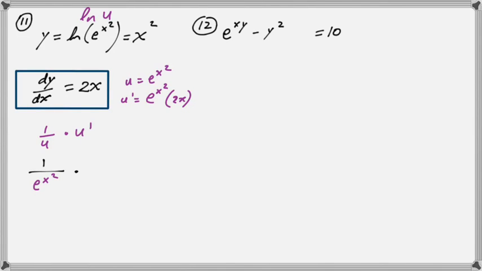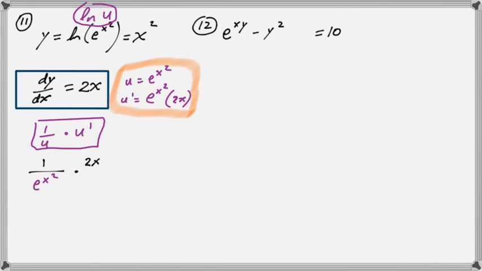Okay, if you didn't see to simplify it like that, you could do the natural log of u. Derivative is 1 over u times u prime. That means u would be e to the x squared. So I do 1 over u times u prime. The derivative of e to a power is e to the same power times the derivative of the power. So I'm going to multiply that by the derivative, which is this.